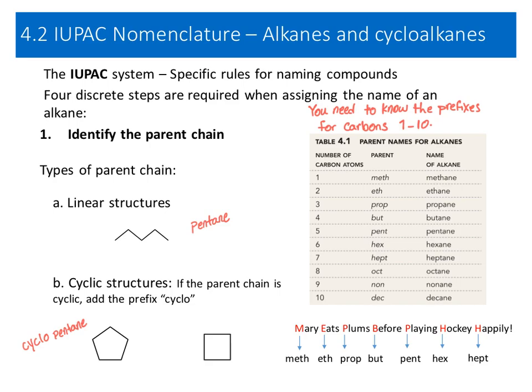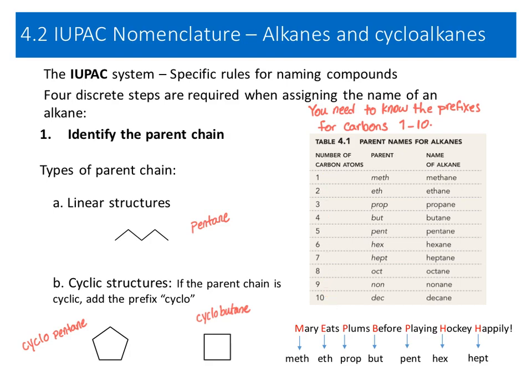And we have another example. So we have 4 carbons in this cyclic molecule, therefore the name for that is, for number 4 gets the prefix but, so the name would be cyclobutane.